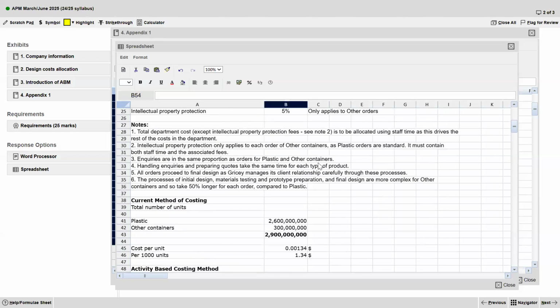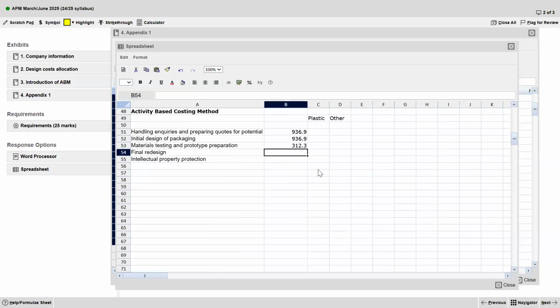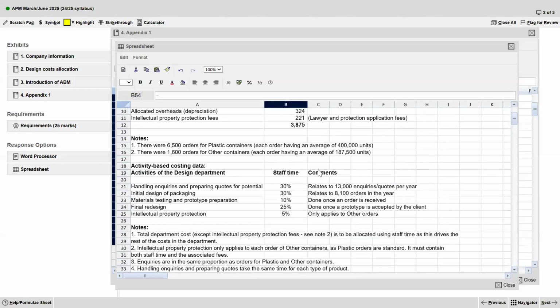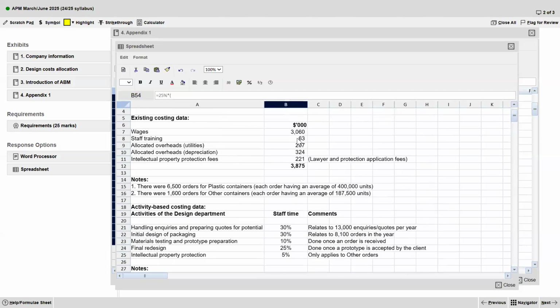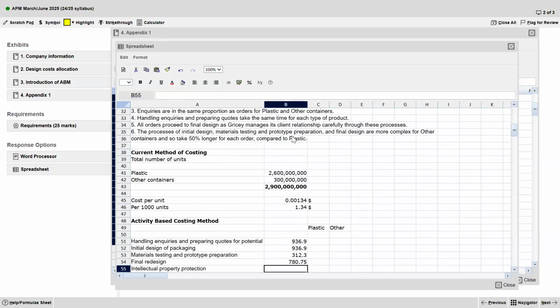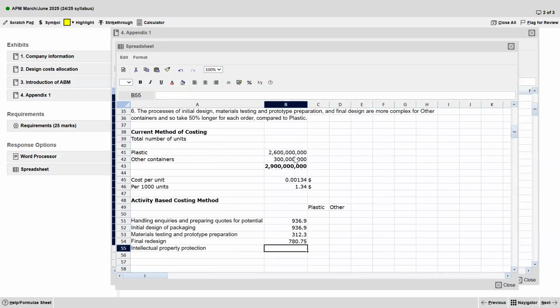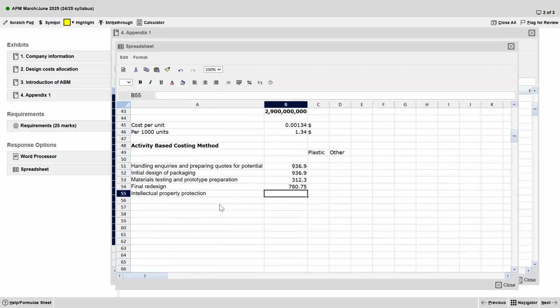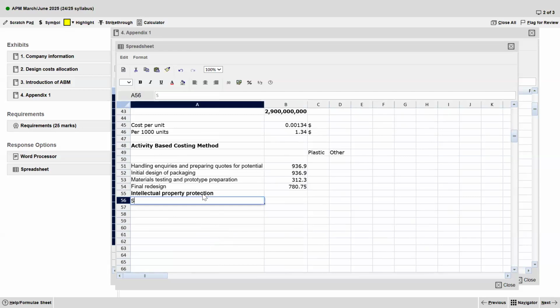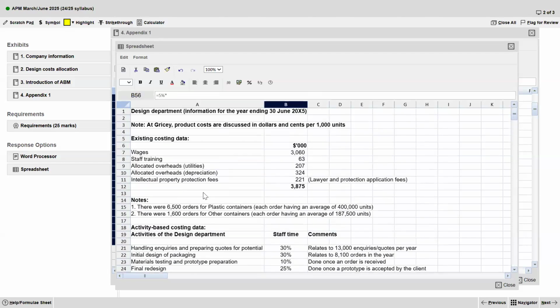Then final redesign, 25% multiplied by this, in addition to this. Intellectual property protection, staff time, 5% multiplied by this plus this.